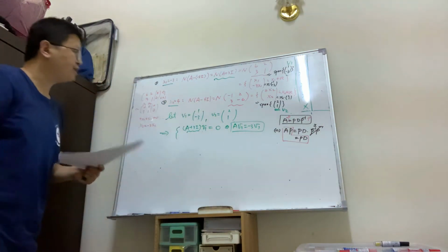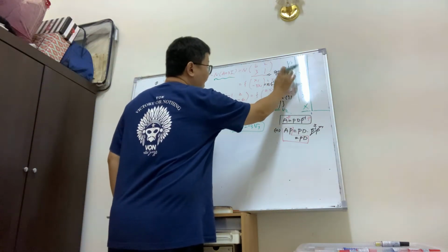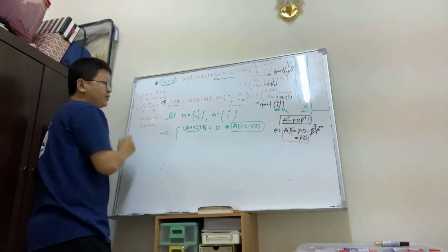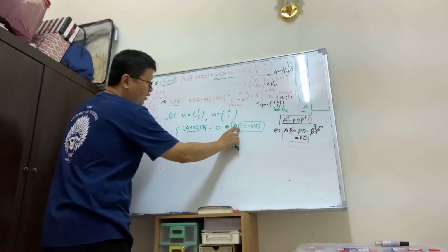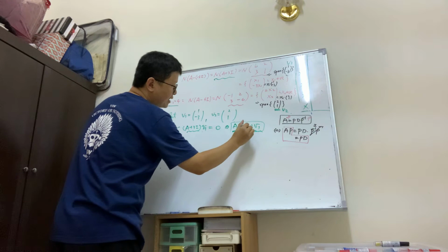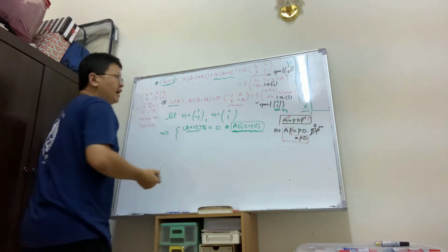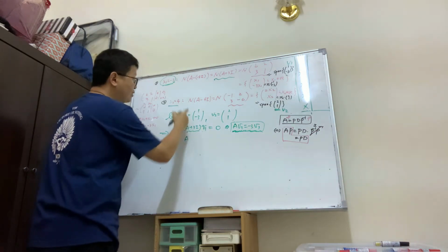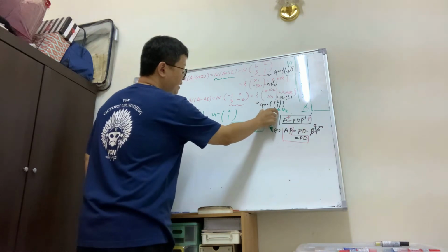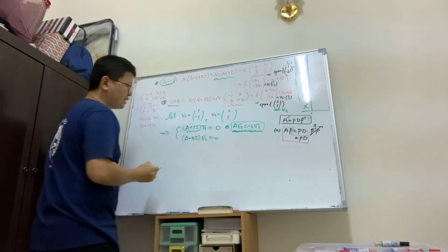That's why, if we choose this one, V1 is exactly an eigenvector of A corresponding to eigenvalue negative 3. And for V2, A minus 4I, V2 belongs to this null space, so this equation holds.